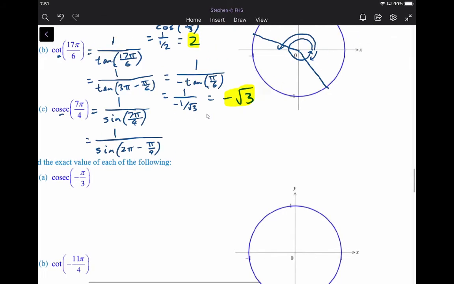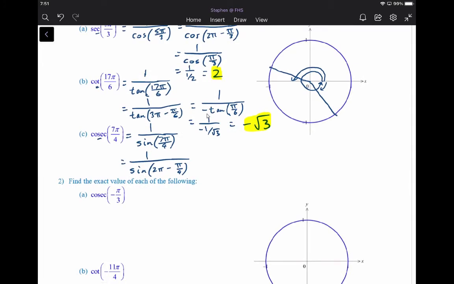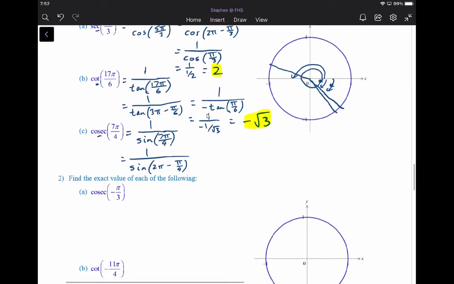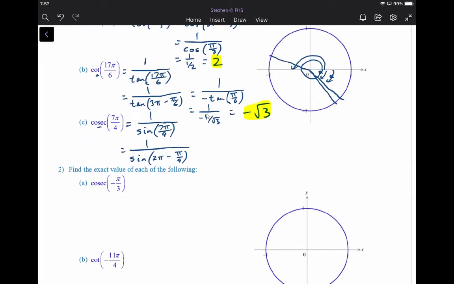So again, looking at the unit circle, 2 pi again brings us all the way to the same positive x-axis. And going backwards by pi on 4 gets us right there between the two quadrants. Let's try that once more. That's more like it. There we go. That looks like a 45-degree angle. So we're down all the way here. And again, that is in the fourth quadrant in which sine is negative.